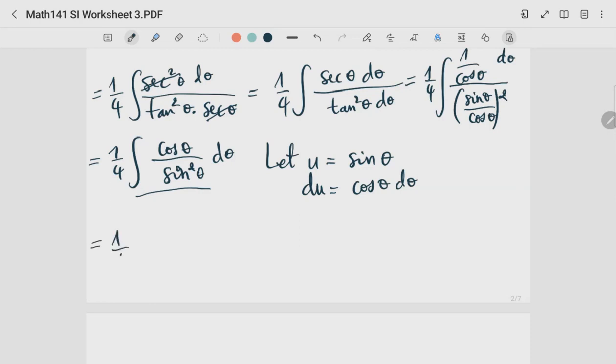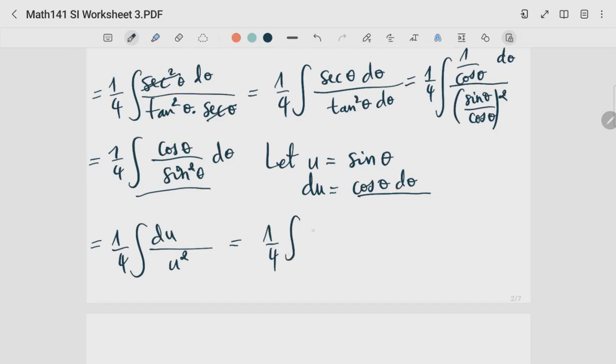And therefore this can be simplified to be 1/4 multiplied into the integral of, right? Cos theta d theta is just du. So you have du divided by u squared, which is equal to 1/4 multiplied by the integral of 1/u squared.